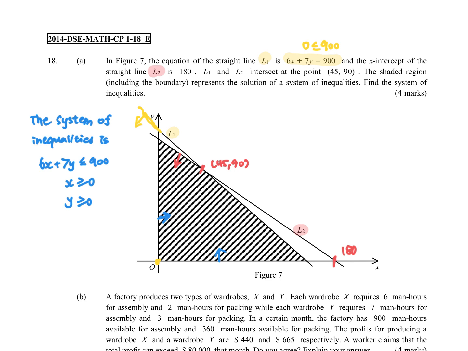So here we need to find the equation of L2 first, which is y minus 0 over x minus 180 equals the slope, because we got two points. So that would be maybe minus 2/3.